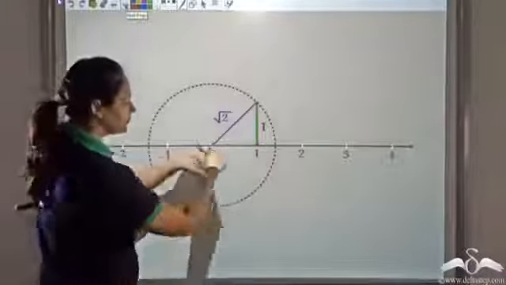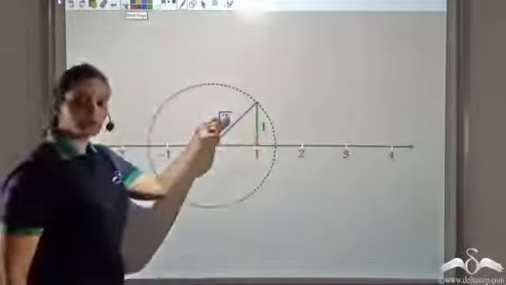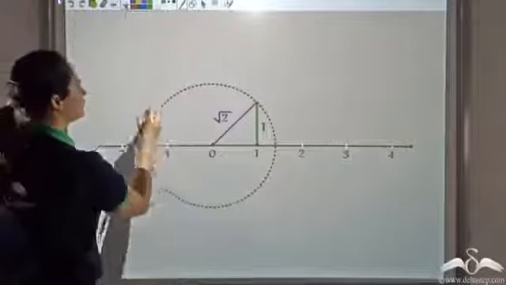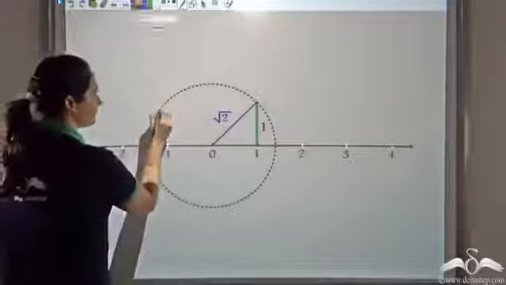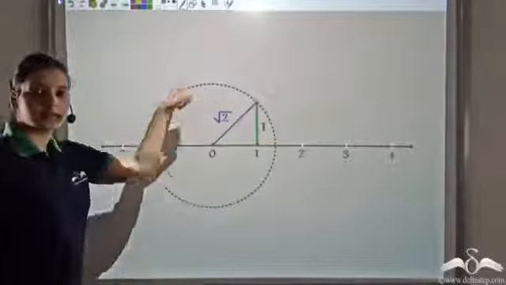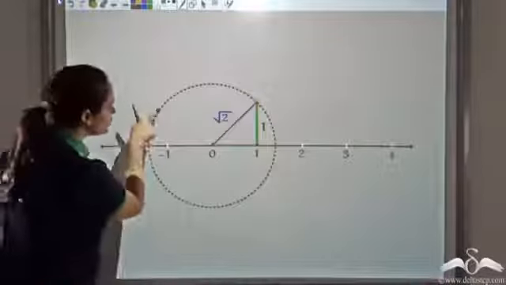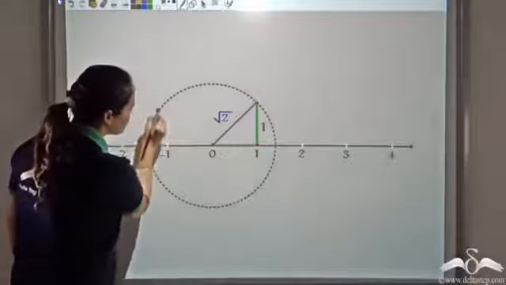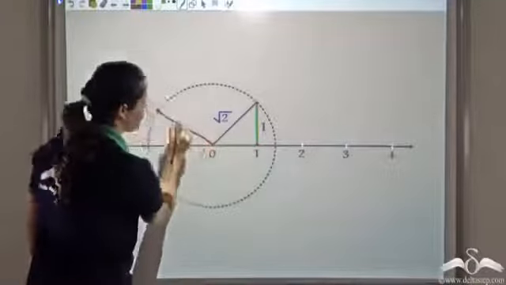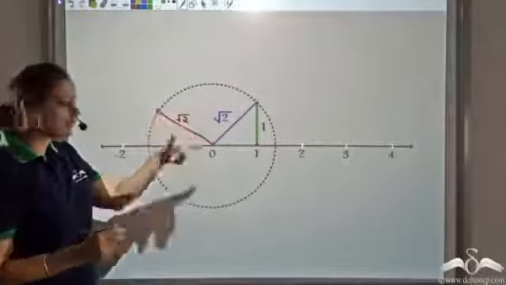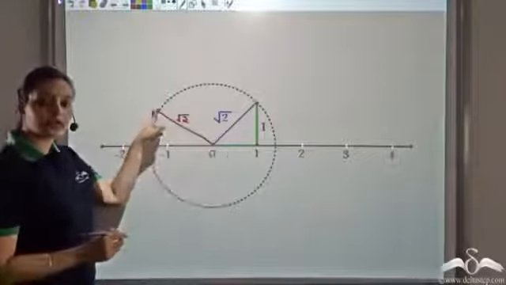Now I know that this line, which is under root 2, is nothing but the radius of this circle. If I take any other point on the circle, I know the radius has to be the same. So if I look at this point and see its distance from 0, this should also be under root 2, because this is nothing but the radius of the circle. This is the center, and this is a point on the circle.